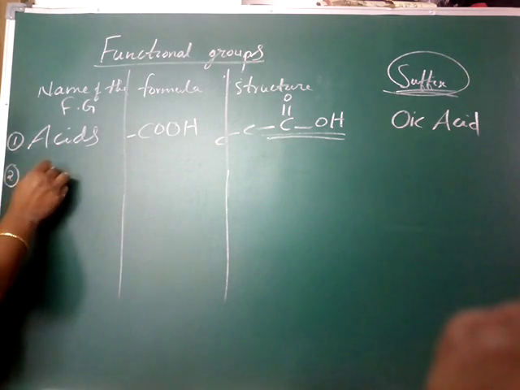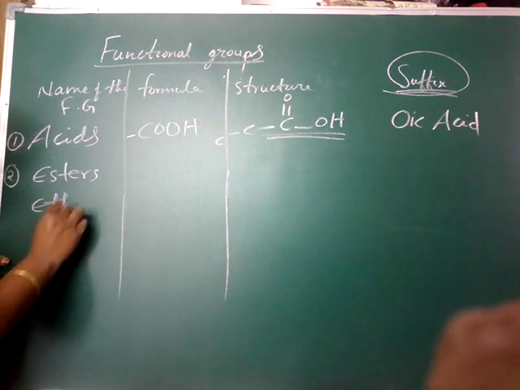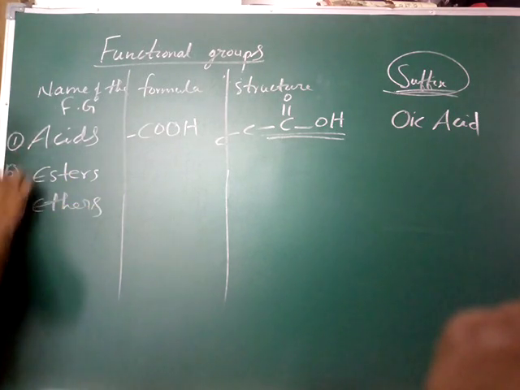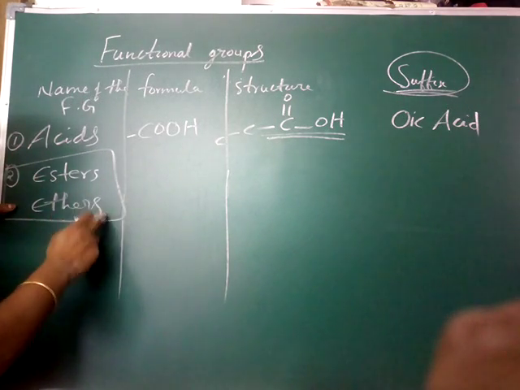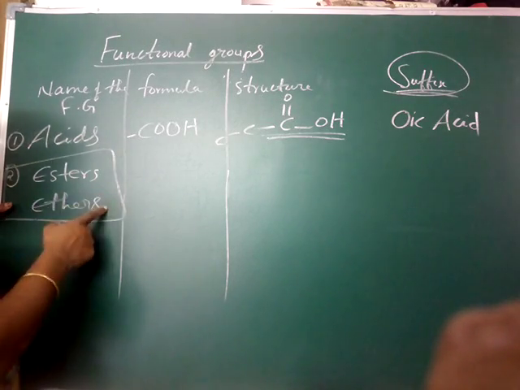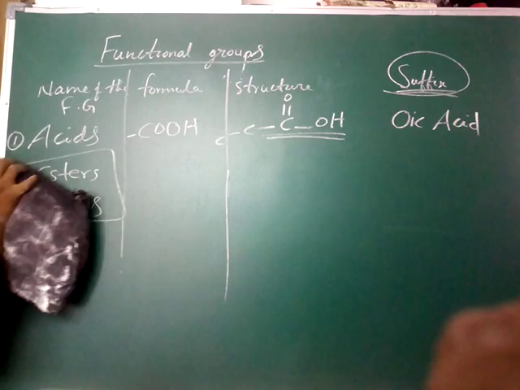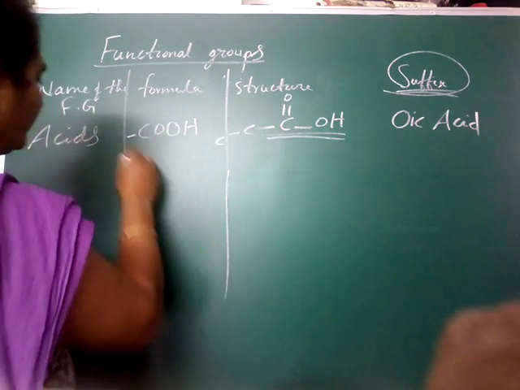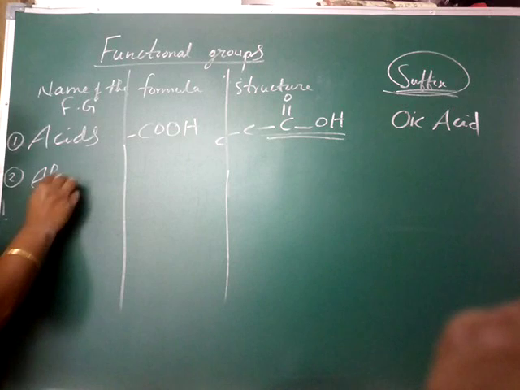Again there are esters and ethers, which you give after importance. But leave these two. I will explain esters and ethers in another video. Esters and ethers are also functional groups only. We will discuss them after this video. Now you come to acids after aldehydes.